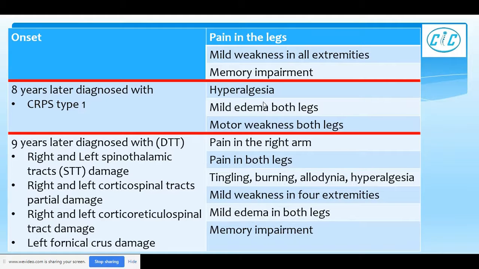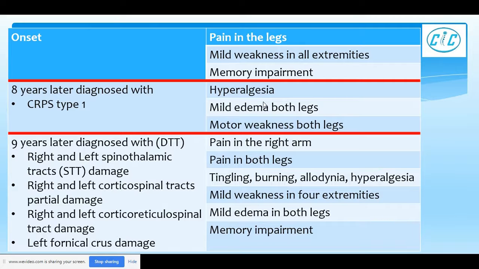Then, a year after that, they examined the patient with DTT imaging, and noticed some tract damage in the study: right and left spinothalamic tract damage.